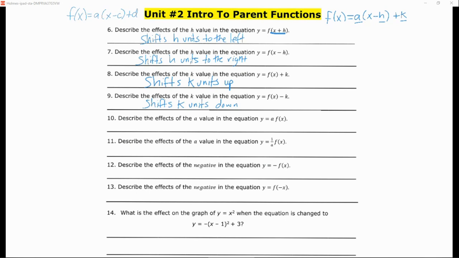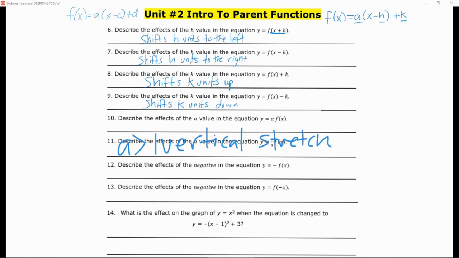The next one is the effects of A. Now, when A is greater than 1, we have a vertical stretch, which means the function is going to get narrow.